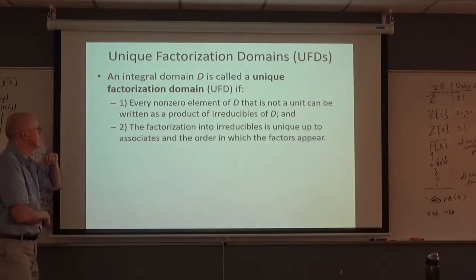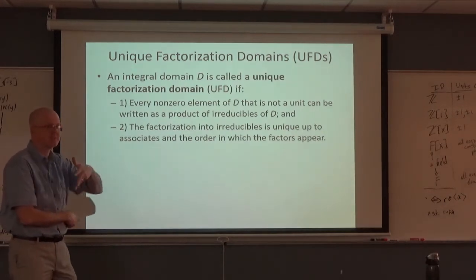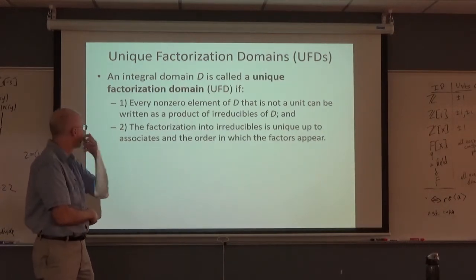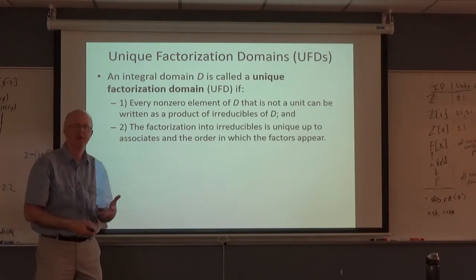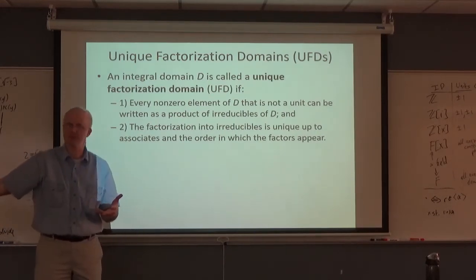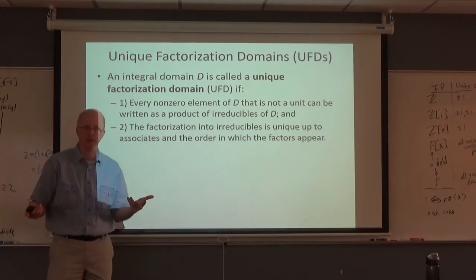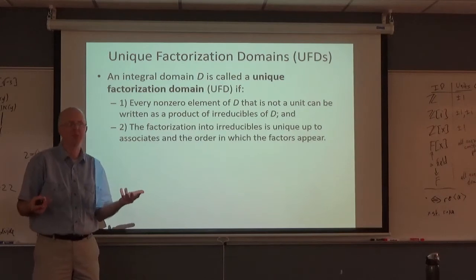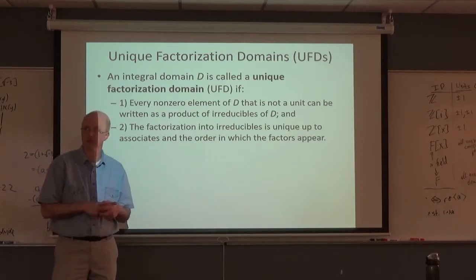And the factorization into irreducibles is unique, just as it is for Z, up to associates and the order in which factors appear. Now with the fundamental theorem of arithmetic with integers, we just say it's unique up to the order in which the factors appear. We don't really typically say up to associates, though that technically is in the background if we allowed negative integers in our factorizations when we're talking about primes.